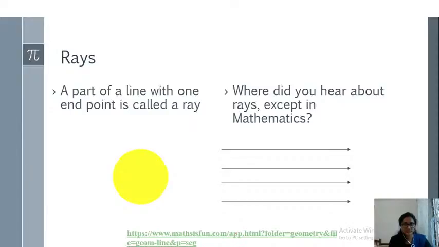Now let's look at, in the last class also we saw, what is the difference between a line, a line segment and a ray.